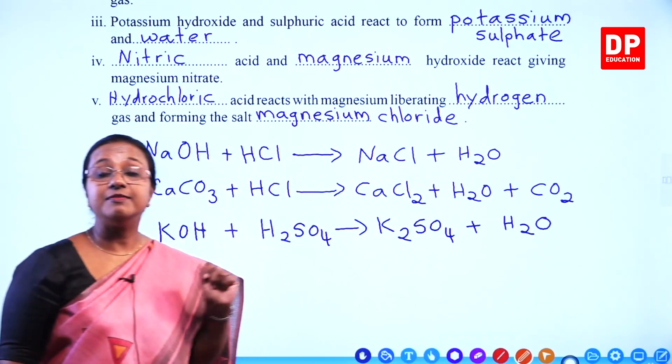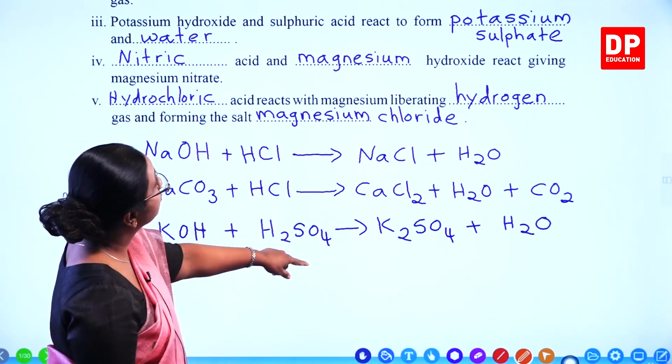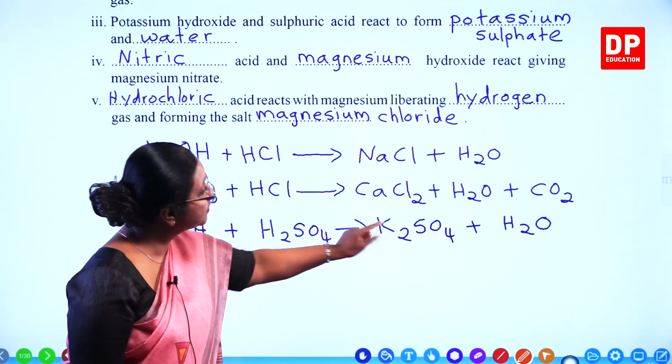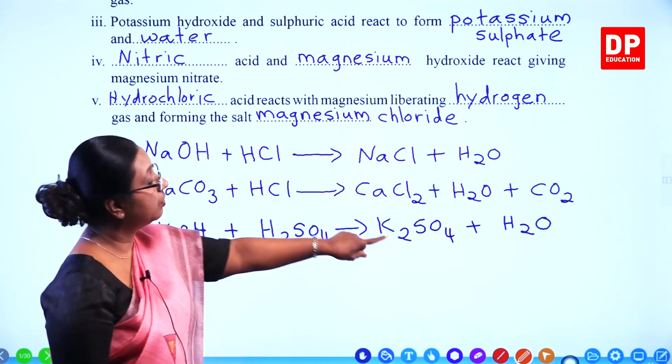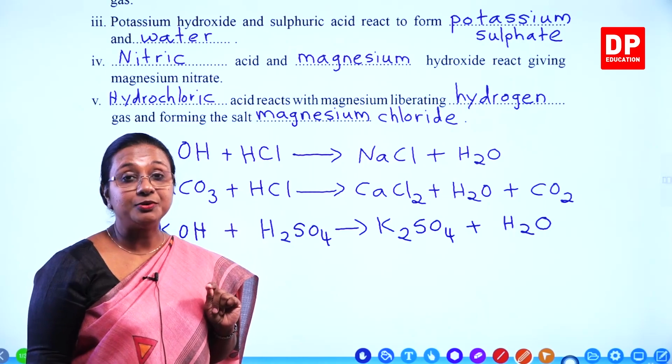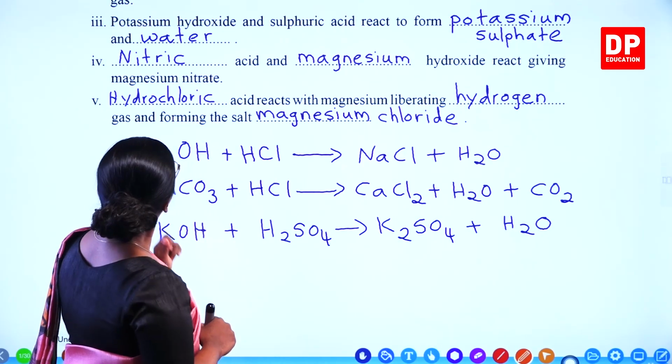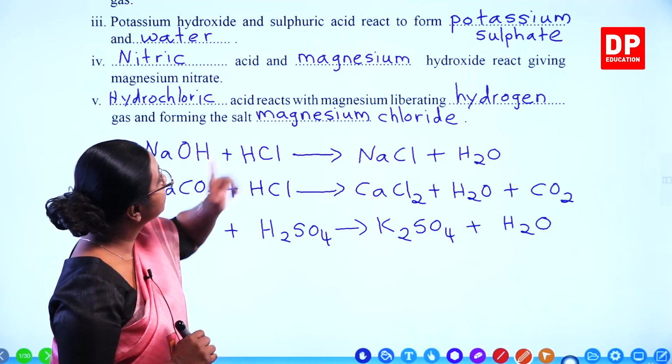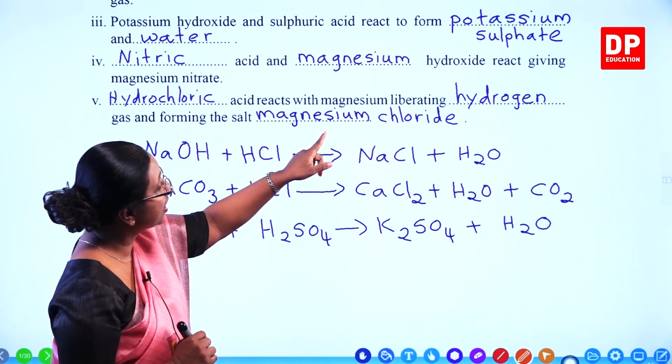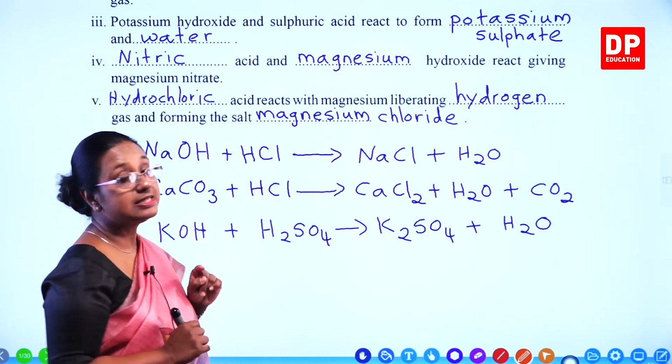You are all familiar with all these reactions. So they produce potassium sulfate and water. Is that okay? So the fourth one, it was blank: acid and dash hydroxide react giving magnesium nitrate.